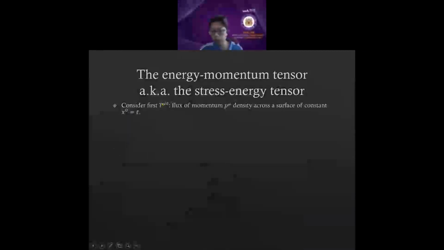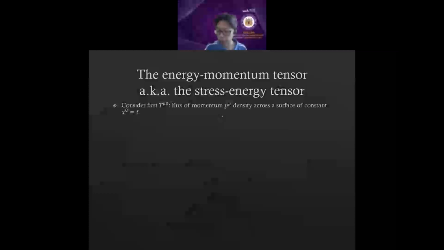Start by considering the T mu 0 component first, right? Which by definition is the flux of the momentum density, momentum P mu density across a surface of constant x naught, right? Which means that across a surface of constant t. Now, how can we find the flux of momentum density across the surface?